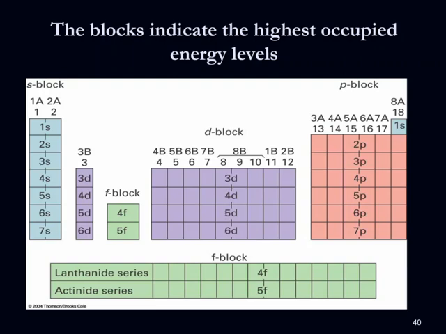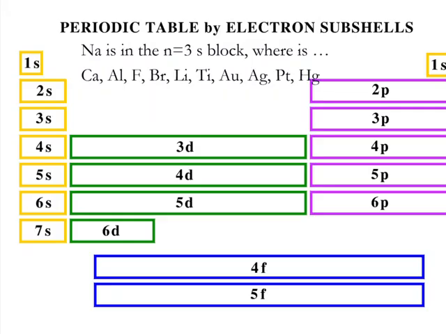But what we're going to do in this class is have you predict what the highest occupied energy level of an electron will be in a given atom. So, for example, this is how we're going to go about doing that. Let's look first off at the sodium atom. If you look at sodium on the periodic chart of the elements, it's going to be located right here in this third energy level block.